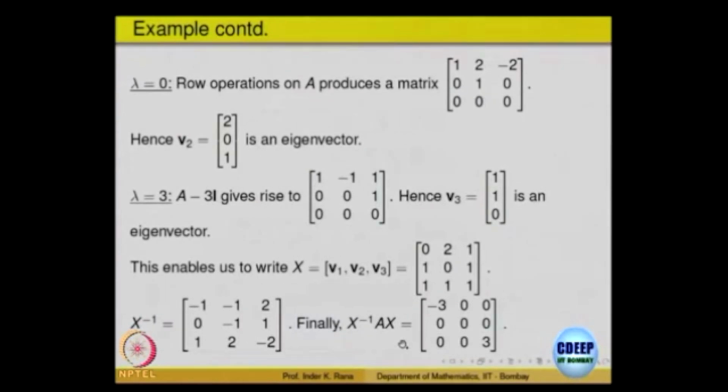How do you find, given a matrix, whether it is diagonalizable or not? First step, find eigenvalues, the characteristic polynomial, and see what are the roots. If all roots are distinct, you are lucky, you will find eigenvectors for each. Write down the columns of the matrix as eigenvectors and you get a matrix P which is invertible, which will diagonalize it.